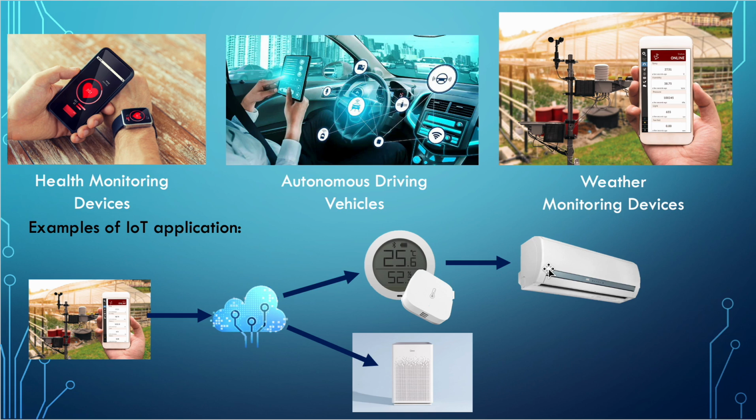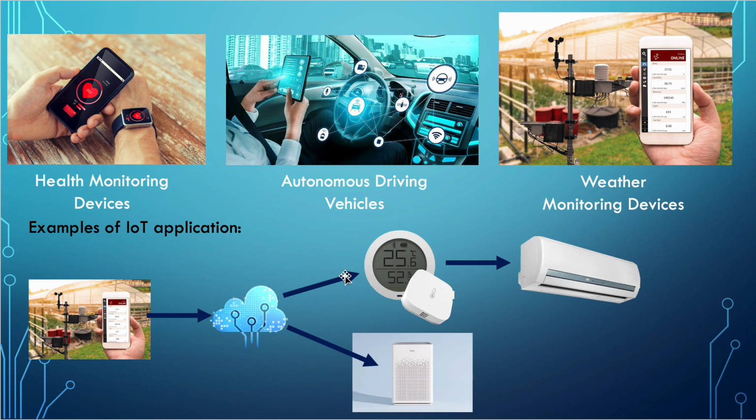So that data collected from the weather monitoring device, which is closest to that particular location, can be given to the thermostat or the temperature controlling system, and can help to maintain a temperature which is comfortable for humans who are living inside that particular room or environment.